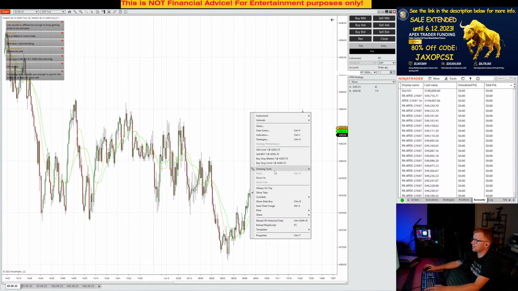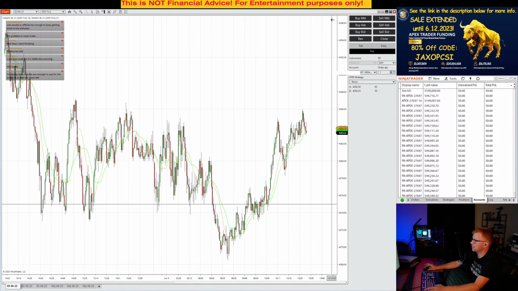Why can I not? Crosshair, that's what we wanted.